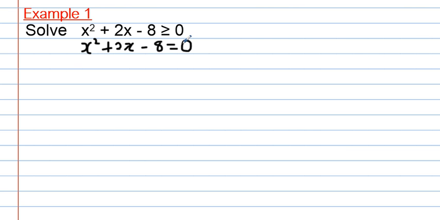Now I factorize. We need two numbers to multiply to give you minus 8, and those two numbers must add up to 2. Okay, two brackets with x's in both of them.